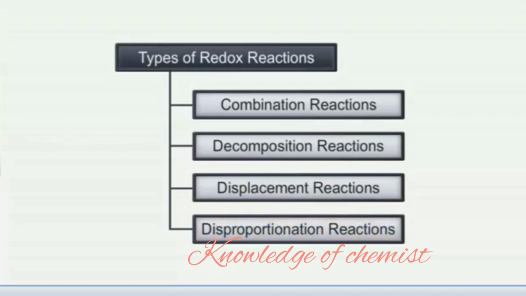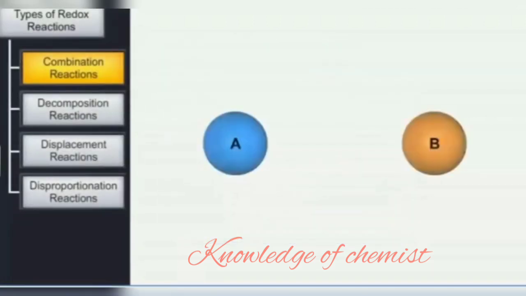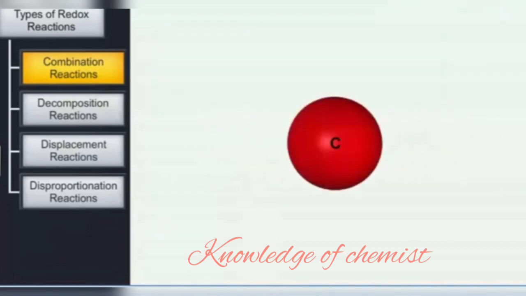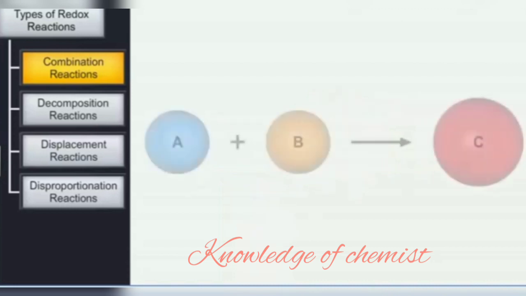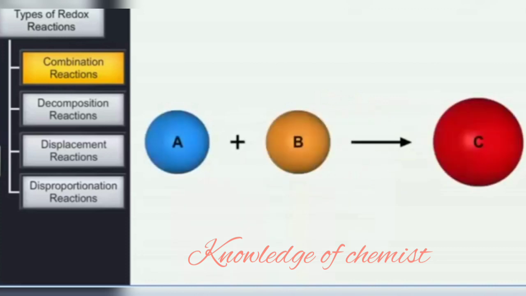As the name indicates, a combination reaction is a chemical reaction in which two or more substances combine to form a single new substance. A combination reaction can be represented as A plus B gives AB. For a combination reaction to be a redox reaction, either A or B or both should be in elemental state.